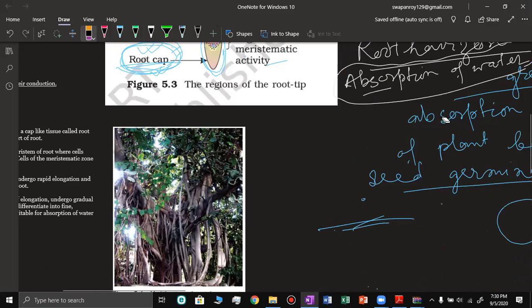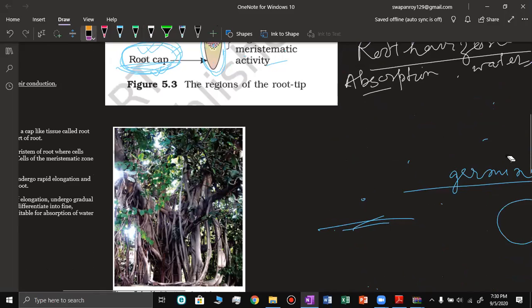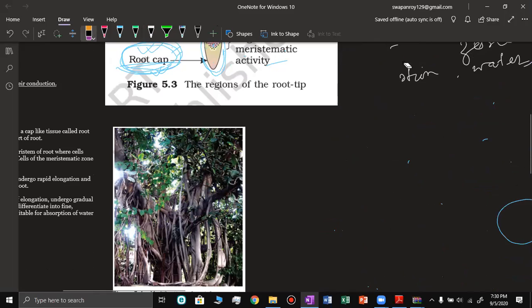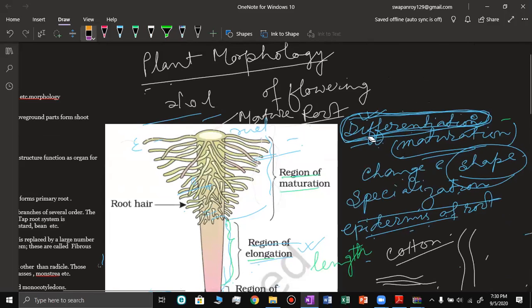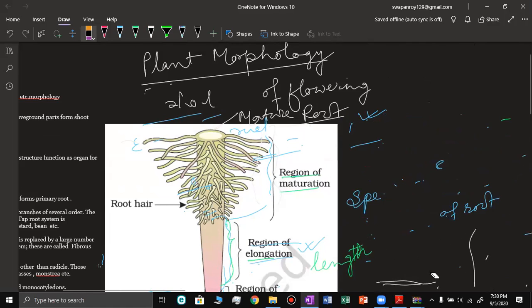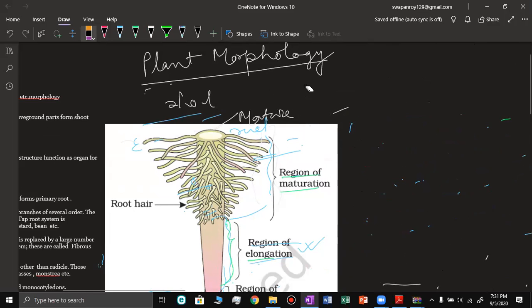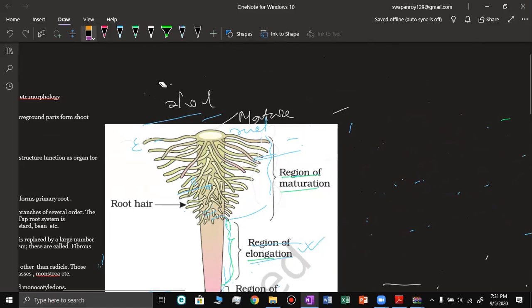As I told, root has some common function in all the plants, but some of the plants carry out some special function, and when these special functions are carried out, the plant changes the shape and size of the root, because the structure or morphology of any organism is suitable for the function it carries out.